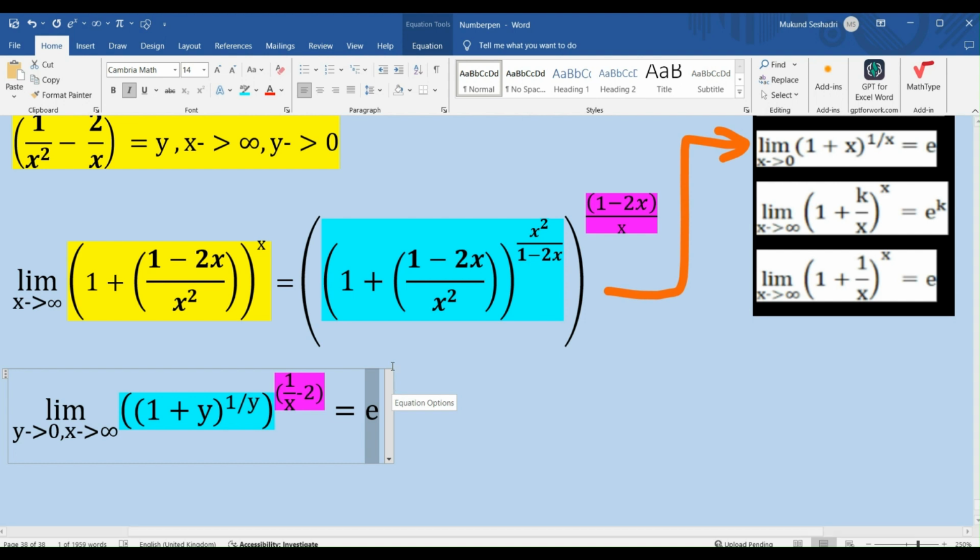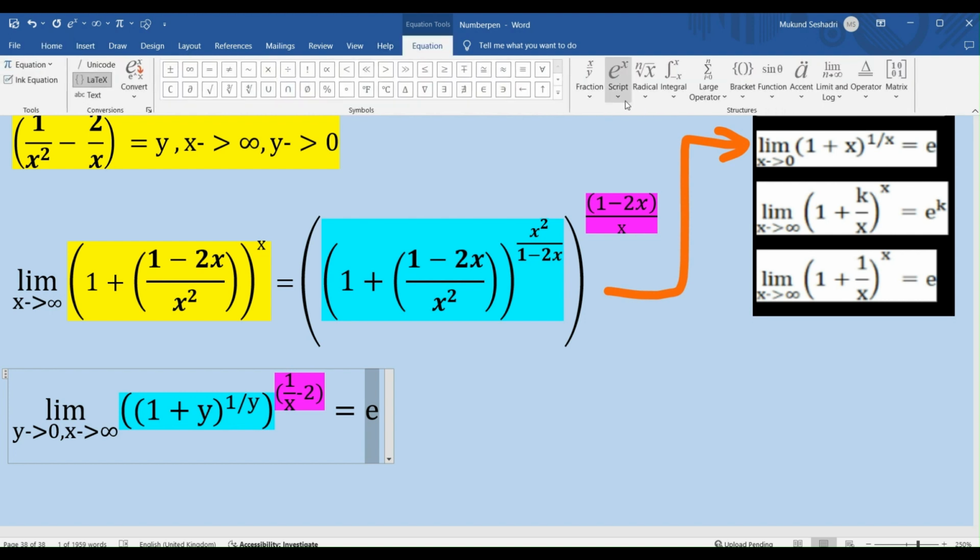It's 0 minus 2, which is e to the power minus 2. So that's the answer for part 1 of this question. Why is that? Because 1 by x is 1 by infinity, which is 0, and 0 minus 2 is minus 2.